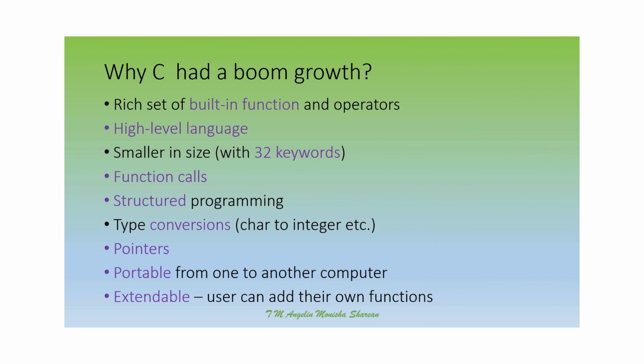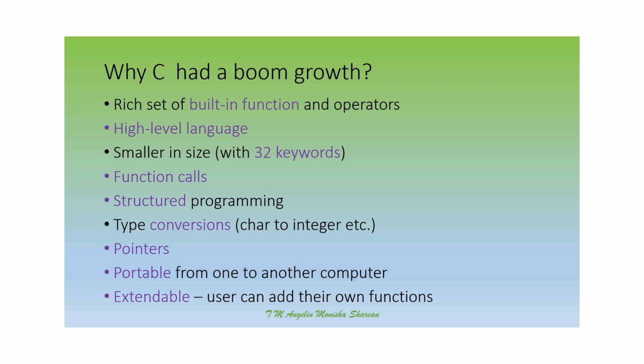C had many inborn features which made it so popular among programmers. Of course, it has a very good number of built-in functions and operators, and it is a high-level language which can be easily understood for writing programs, with a very small set of keywords, which are 32 in number.